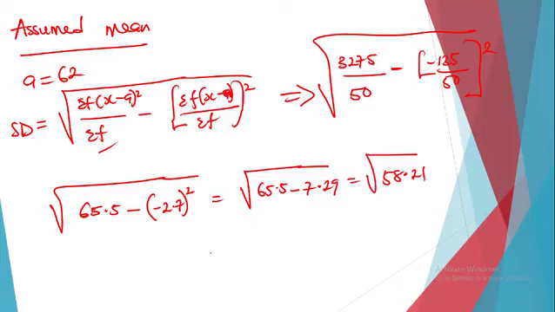When you take the square root of 58.21, you have your answer to be 7.629 kg. Leaving our answer in 1 decimal place, we then have it to be 7.6 kg.